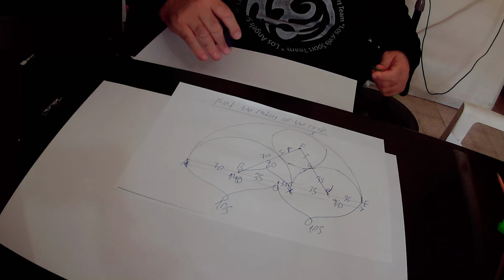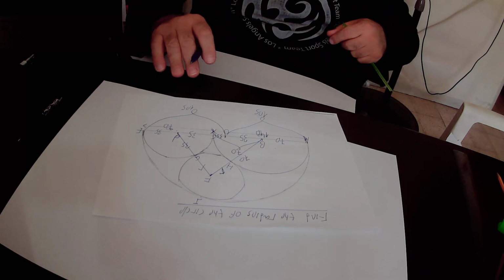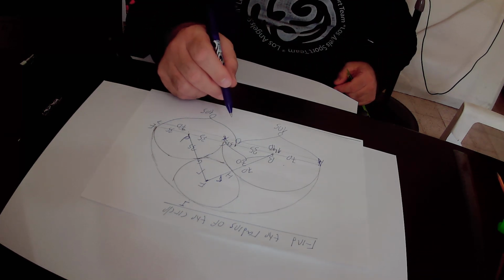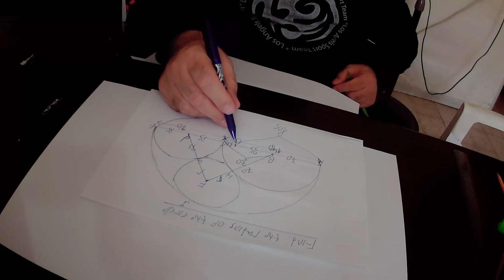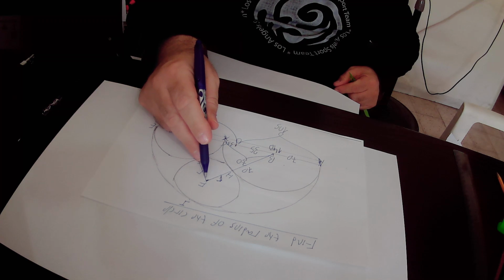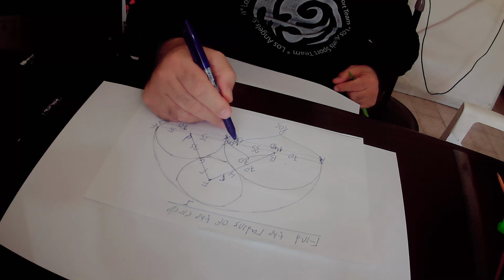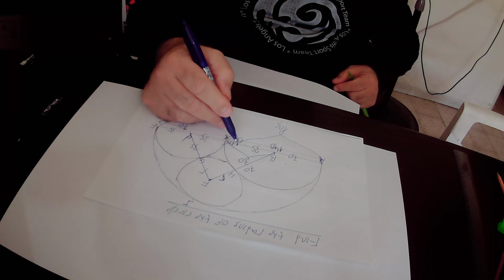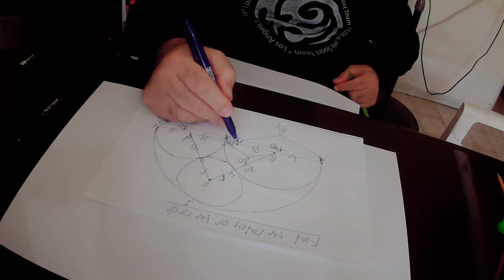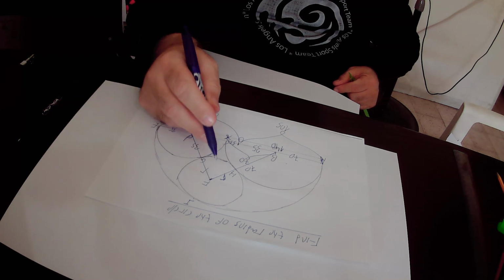We will join the center of the biggest semicircle, that is to say point O, with the center of the circle, that is to say point F, together by a straight line. So OF is the distance between the center of the biggest semicircle and the center of this circle.